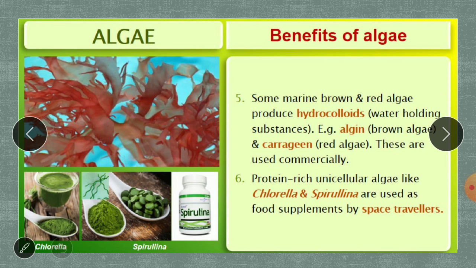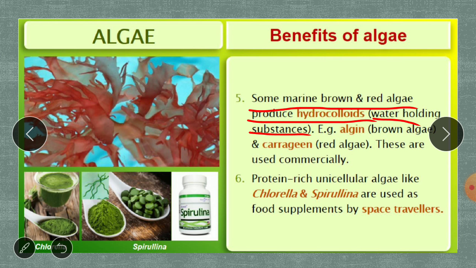Then, coming to the next benefit of algae, some marine brown and red algae produce hydrocolloids, that are water-holding substances. They act like a sponge, you can say. During transport, they are used as packaging material, because as hydrocolloids they absorb water like a sponge and store it.